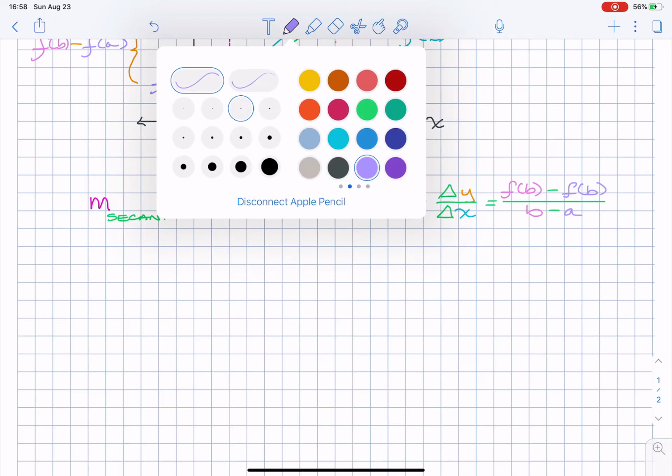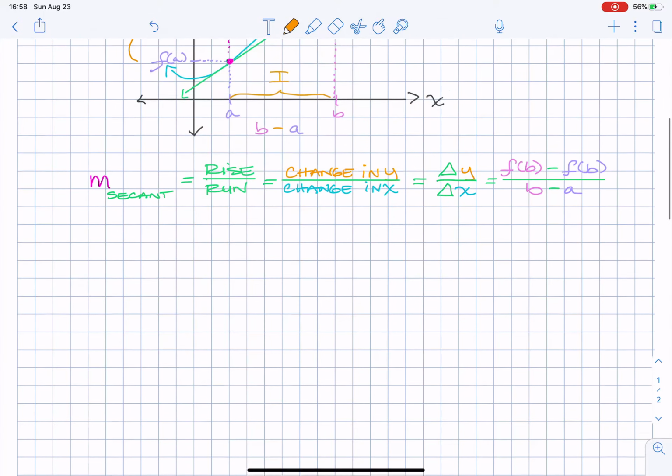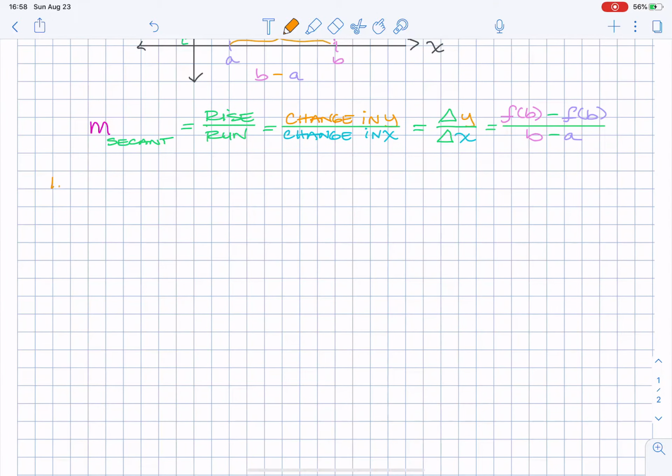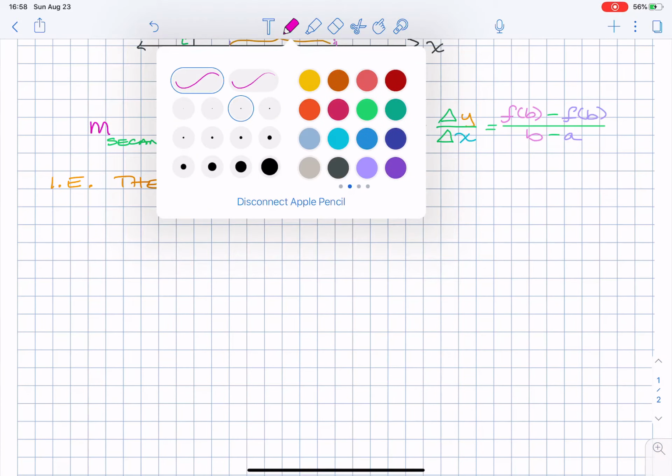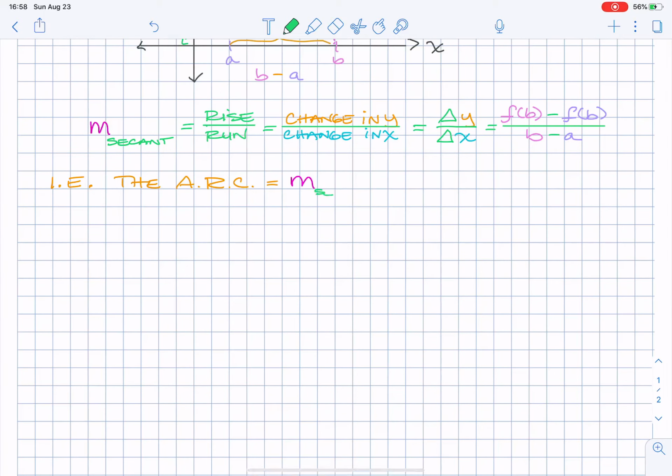So i.e. the average rate of change, the ARC, is equal to the slope, m, of the secant line.